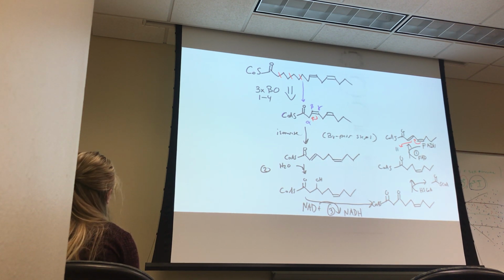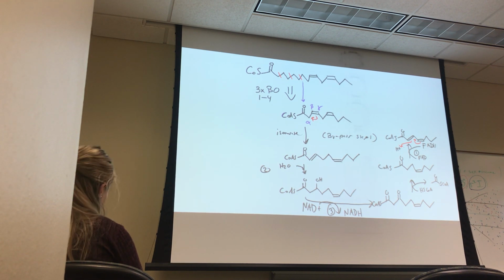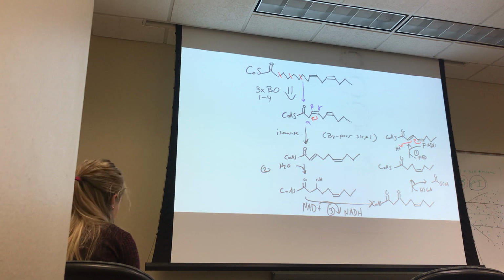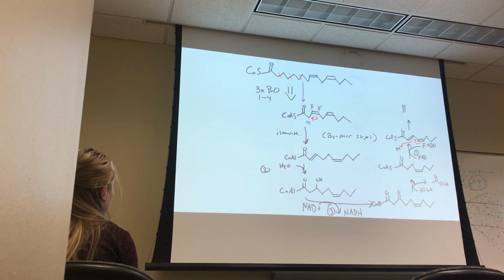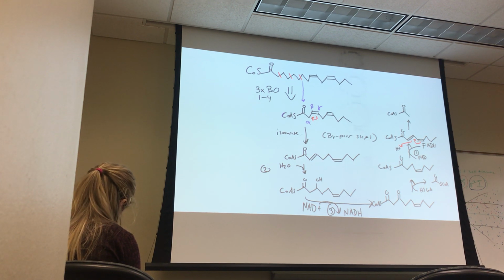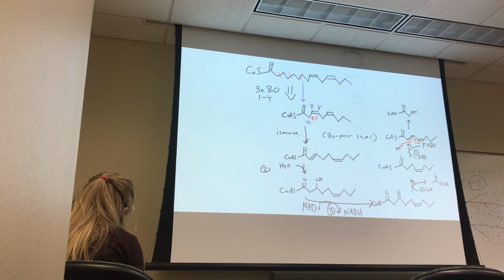Protons are all over, from the protein. And our NADH that provides it is going to put a hydride here. So what happens? And it will make a cis bond. Here's our alpha. Now here's our beta.